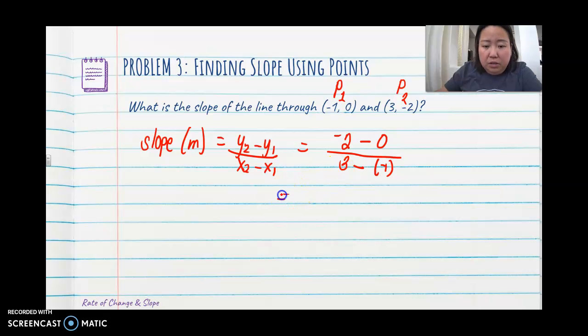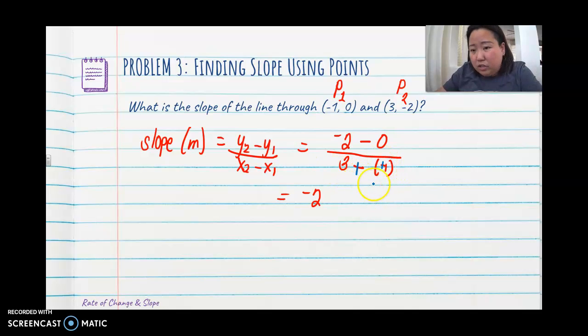So working on this, you have -2 minus 0, it's just going to be -2, okay? When you have 3 minus -1, remember that when you are subtracting integers, it is important that you change the sign and then add them. So this will become addition, and this -1 will now become a +1.